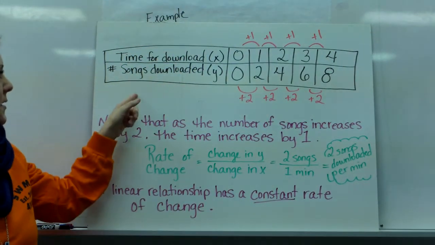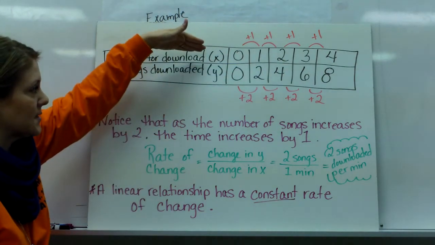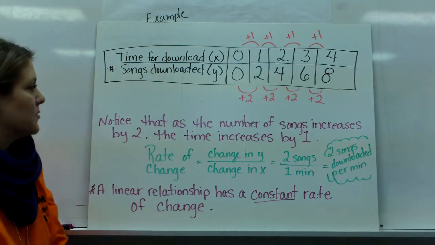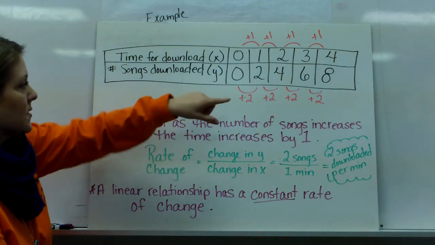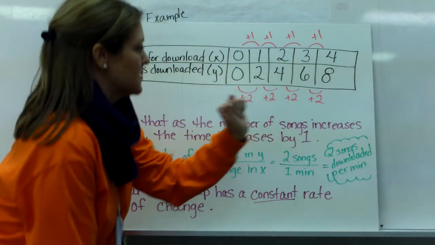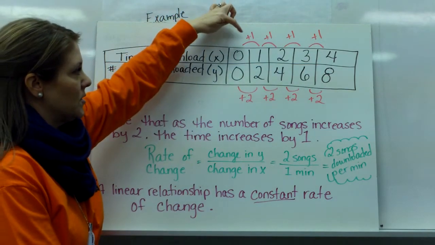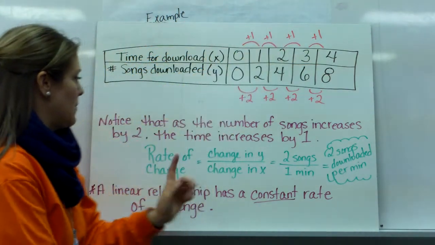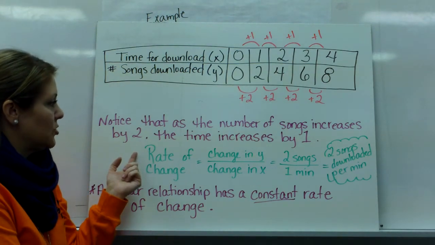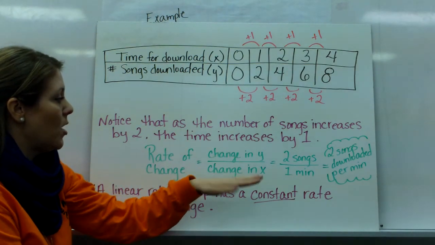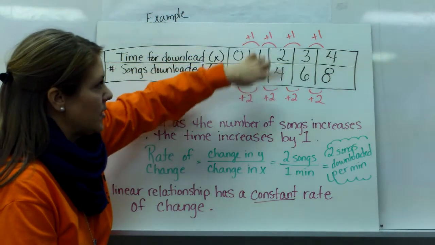Okay, we're going to look at that same situation with the time for the download and the number of songs downloaded, our x values and our y values, and we're going to talk about that rate of change. If you notice, the change in the y's are increasing by 2 every time, and the x's are increasing by 1 every time. So as the number of songs increases by 2, the time will increase by 1. We can make a ratio for each of these situations.